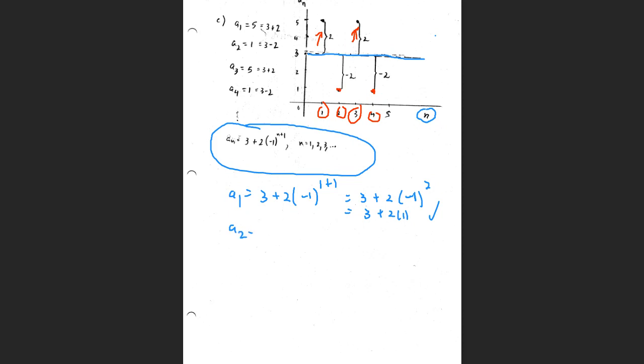The second term would be 3 plus 2 times negative 1 to the 2 plus 1 power. Well, that equals 3 plus 2 times negative 1 to the third. And that's just 3 plus 2 times negative 1. And that gets you 1. So this formula is going to work.